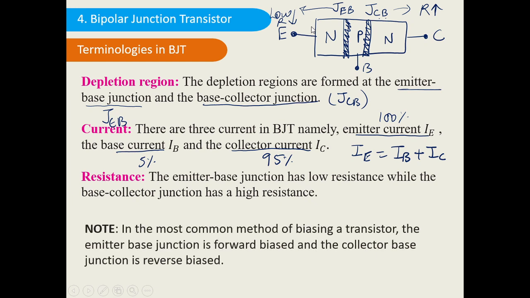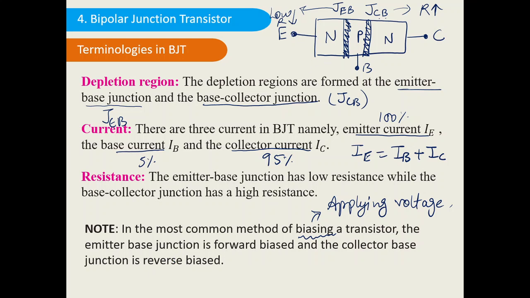So what is the note point here? The note point is in the most common method of biasing. Biasing means applying voltage. I hope you remember the terminology biasing. So in the most common method of biasing a transistor, the emitter base junction is forward biased and the collector base junction is reverse biased.